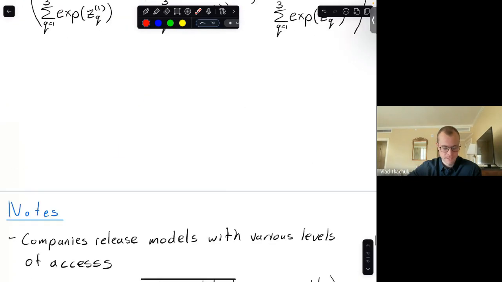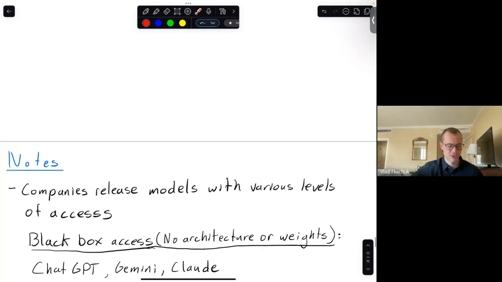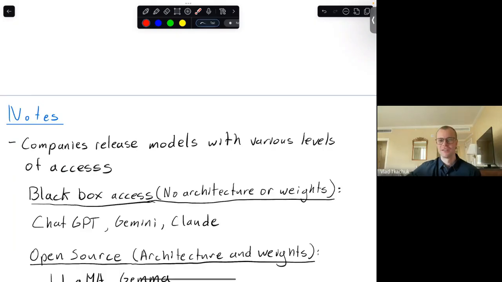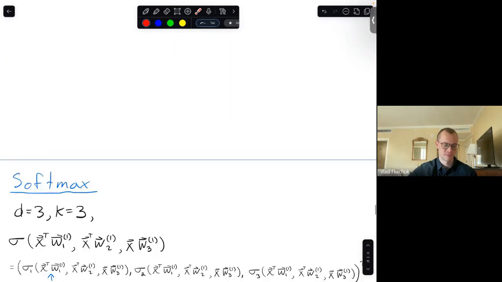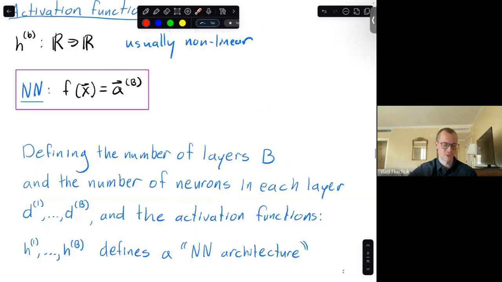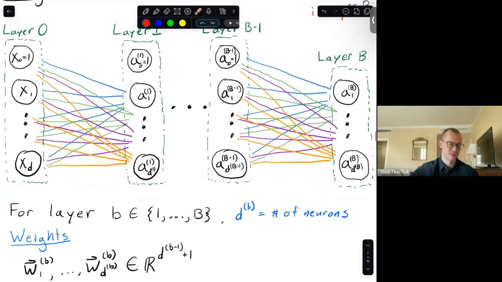Okay, and so finally, before we move on to language models, I just wanted to make a couple notes about high-level things and how this relates to the real world and things that you may hear in the wild. And so here are the notes. So companies end up releasing models, and a model is the final neural network. So if we look at a picture of a neural network, they would release a neural network.